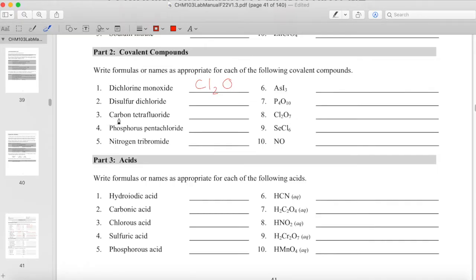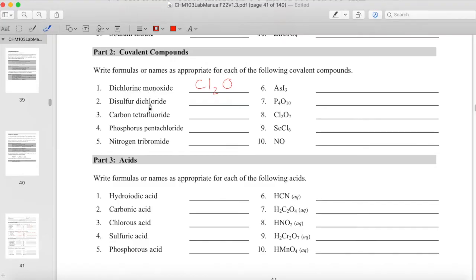So for example, carbon tetrafluoride has one carbon and 4 fluorines. You don't need to say monocarbon tetrafluoride. It's kind of understood when you just say carbon that there's one of it. But you do have to write mono if there's only one of a second element.